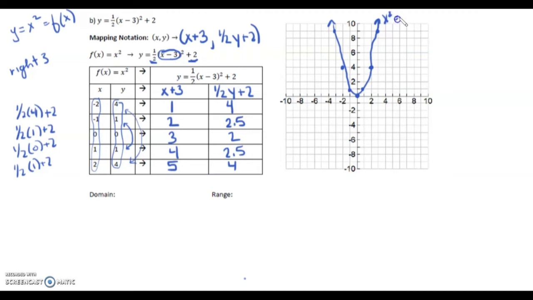So that's the original function. Our graphed function is going to be like this: 1, 4. I want a different color. Here we go. 2, 2.5. 3, 2. 4, 2.5. And then 5, 4.